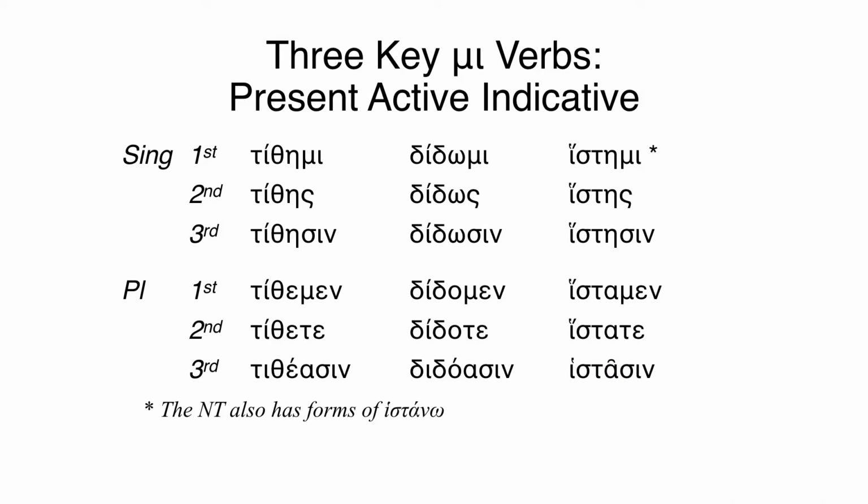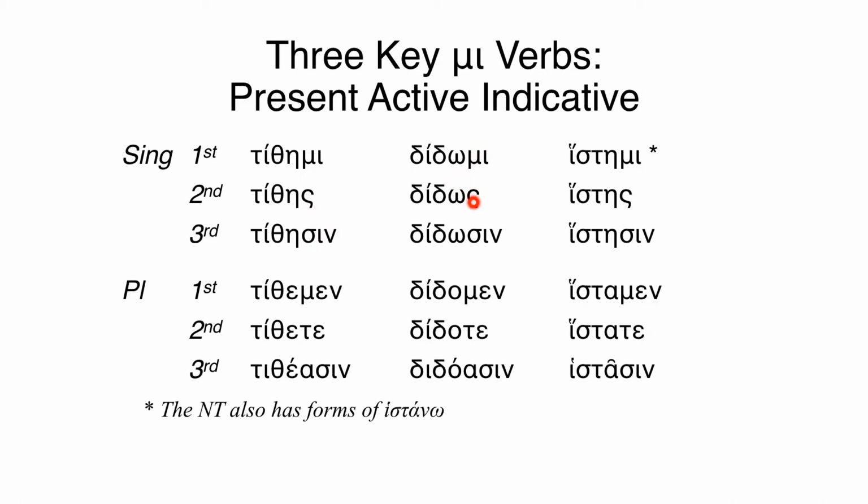Now you'll notice that the personal endings are similar across all three verbs. In fact, once you get a feel for how these verbs are formed, they're predictable. We've got the mi form, from which the conjugation derives its name, in the first singular, then a sigma ending, then a sin ending.